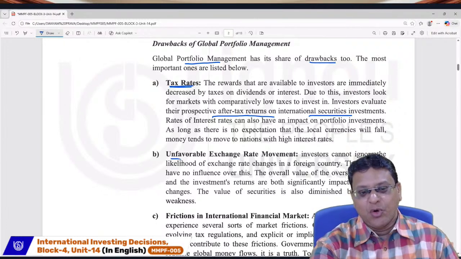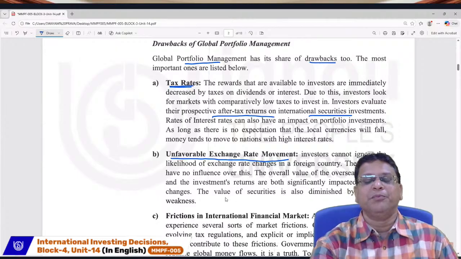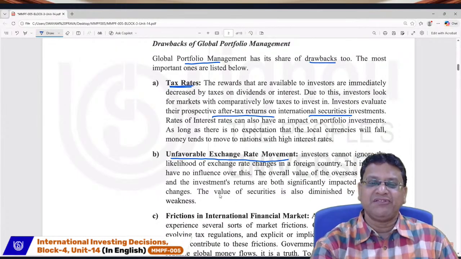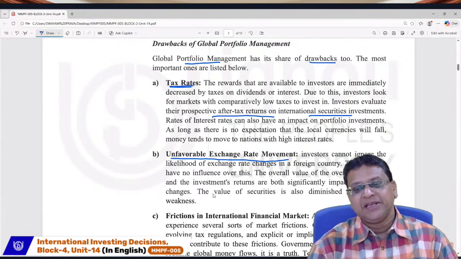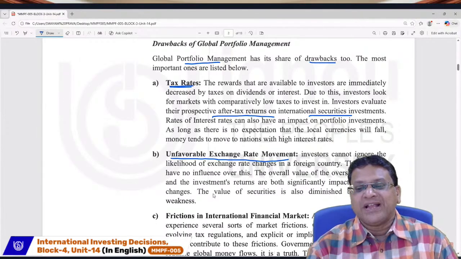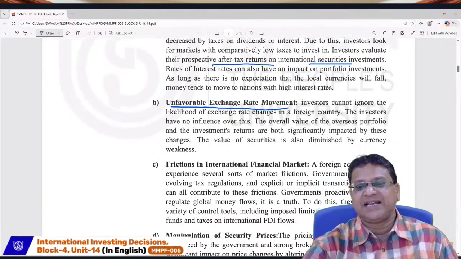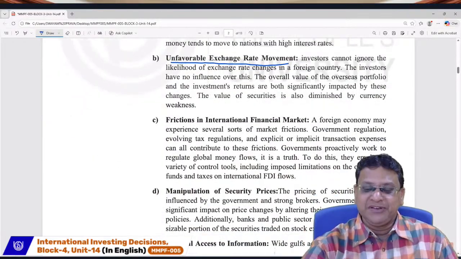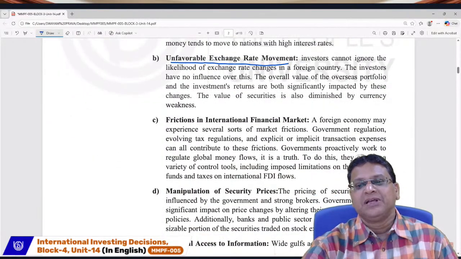Second one is unfavorable exchange rate movement. Whenever you invest in an international company, you receive some dividend or interest out of this, and this dividend and interest are subject to currency risk or exchange rate risk, and the value of the investment also depends upon the currency risk or exchange rate risk.